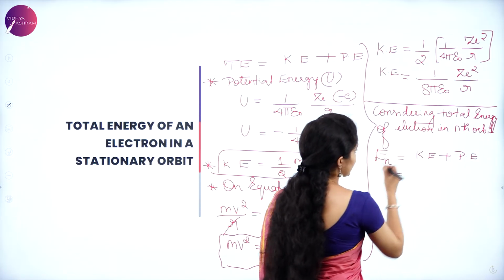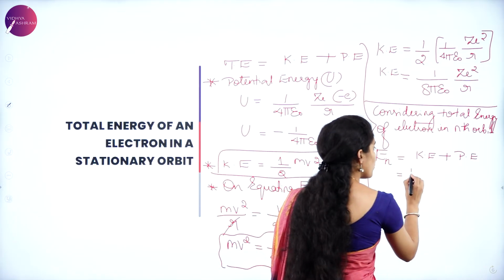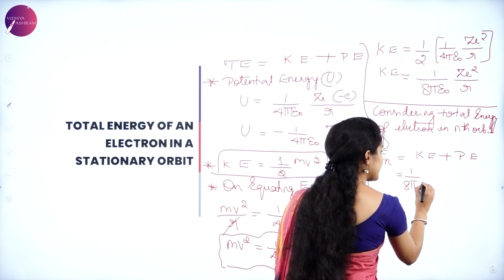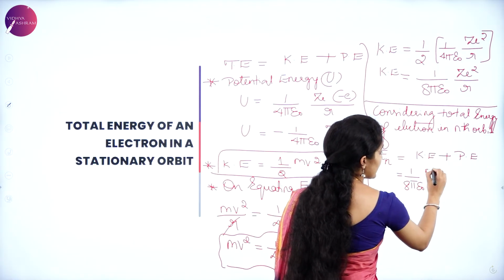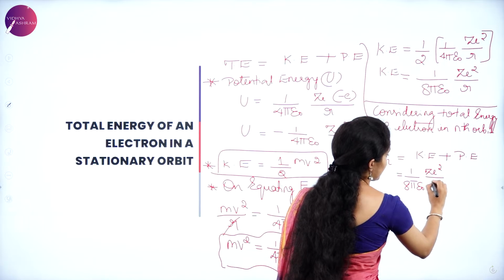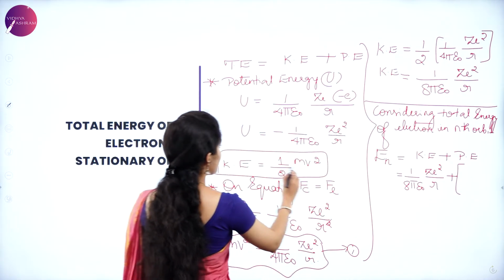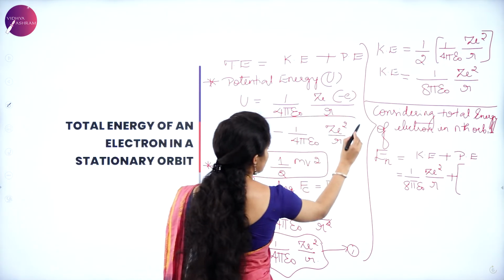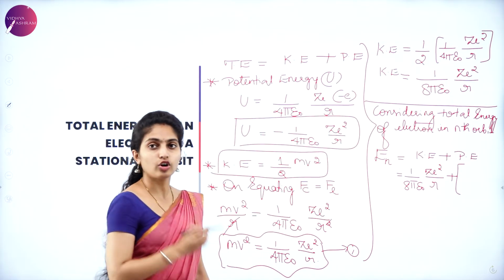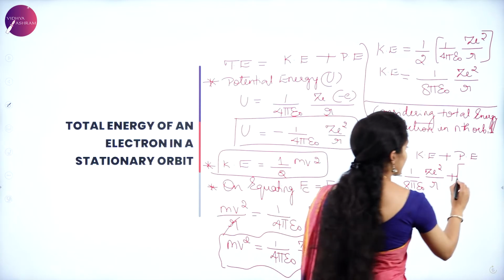So what is your kinetic energy? It is 1 by 8 pi epsilon naught Ze square divided by r, plus you have potential energy given by minus 1 by 4 pi epsilon naught Ze square by r.